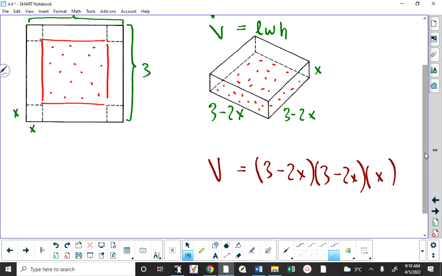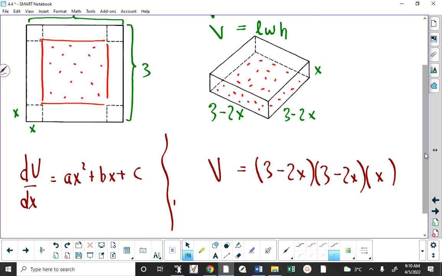The bell's going to ring here, and I want to finish my thought. You need to find dV/dx. You need to simplify this by multiplying the two binomials out with FOIL, and multiplying the result by x to get a degree 3 polynomial, which means dV/dx is going to be a degree 2 polynomial.